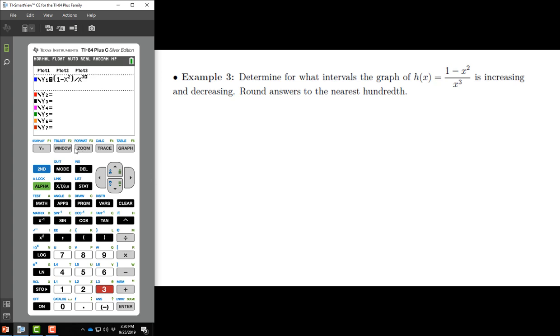All right, and we'll go ahead and start ourselves with a standard window. So go to Zoom, Standard. All right, and so we see that. Now, with the view that I have right now, it certainly looks like I have a little local max here and a local min here. Okay, but it's really hard to see the change in elevation.